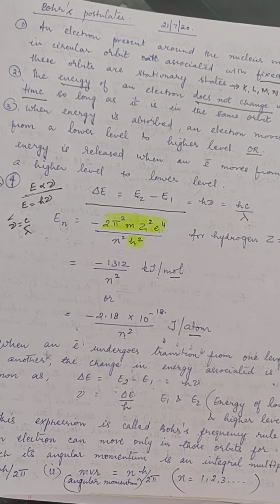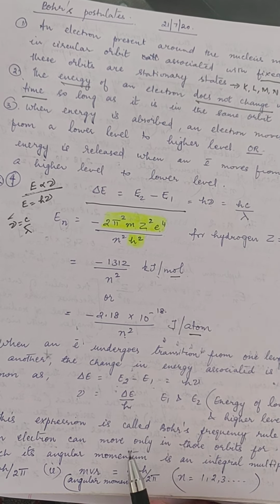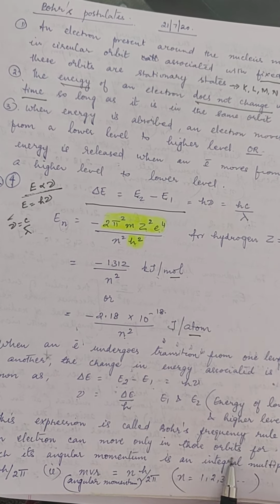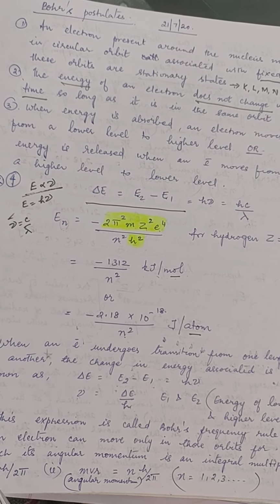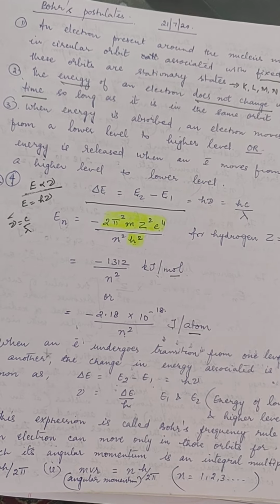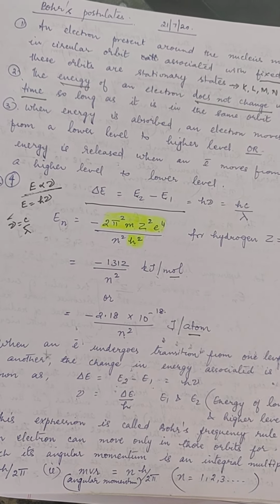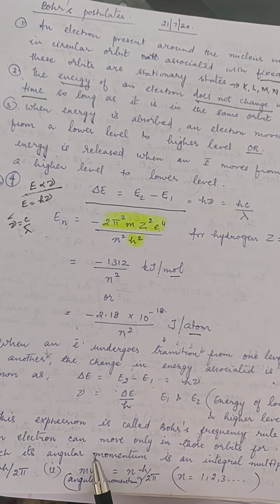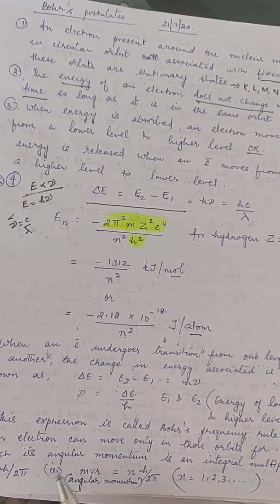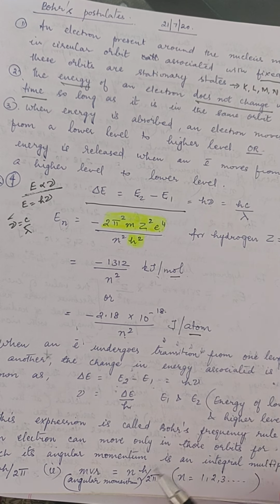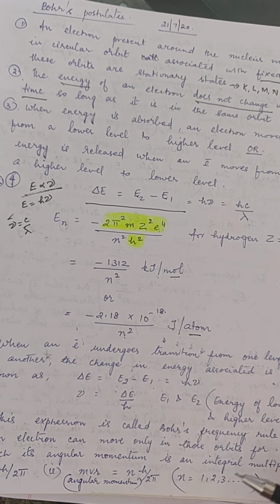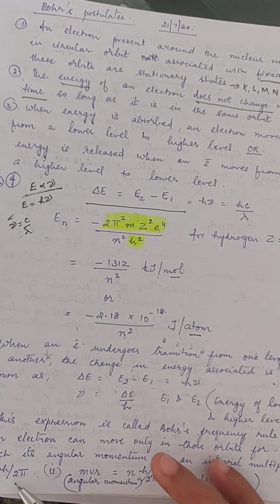Then the next one is, an electron can move only in those orbits for which its angular momentum is an integral multiple of h upon 2 pi. What he says is, the electron can move, say from first shell to second shell it is moving. Now that second shell corresponds to an angular momentum which is an integral multiple of h upon 2 pi.